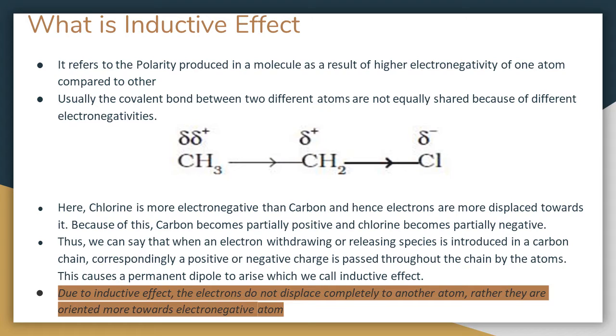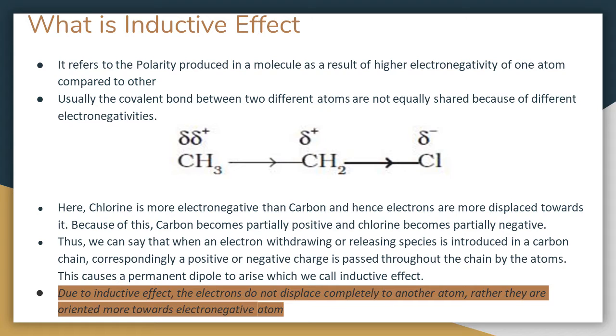Since the chlorine is more electronegative, it attracts the electron towards itself, and because of this, a partial negative charge is created on chlorine and a partial positive charge is created on carbon. This results in a permanent dipole which we call an inductive effect.